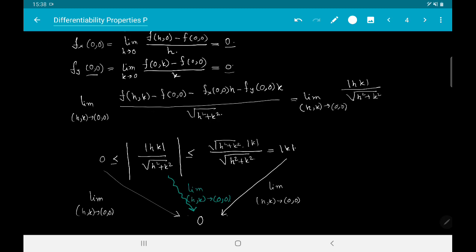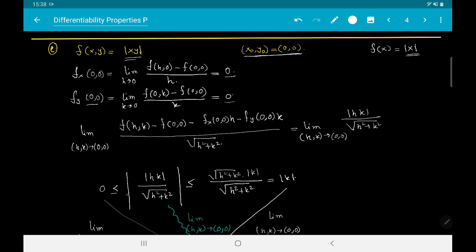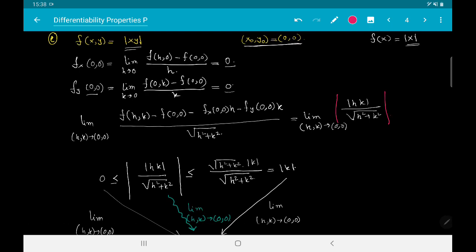Okay, so now let us look at this. So we have modulus of this whole thing. So let me use a different color. So modulus of this whole thing lies in between these two quantities. First, it is bigger than or equal to 0 because this is a non-negative real number whenever we have taken modulus.